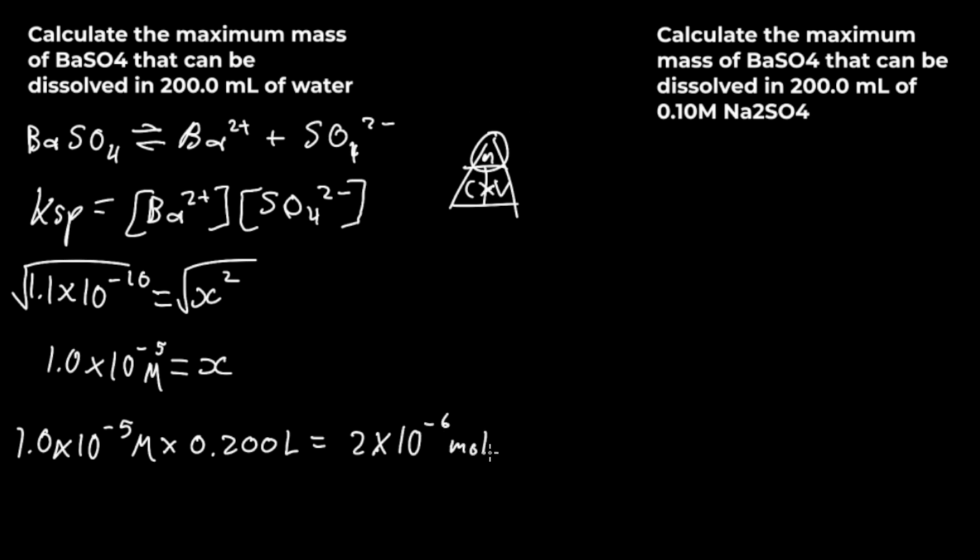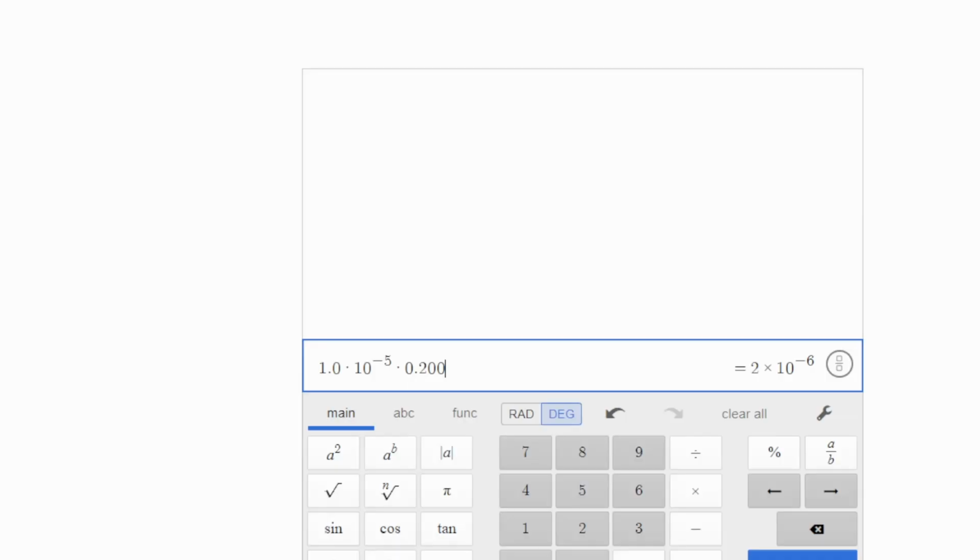Moles. And now we'll do moles to grams. So the molar mass of BaSO4 should be, let me check my periodic table. I should have written this down beforehand.